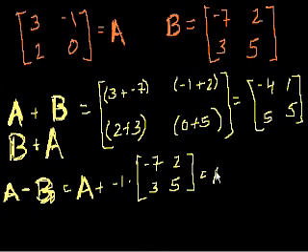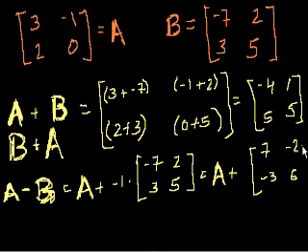So that equals matrix A plus the matrix. We just multiply this -1 times every element in here. So 7, -2, -3, and 5. And then we could do what we did up there, and we know what A is. So this would equal, let's see, A is up here.